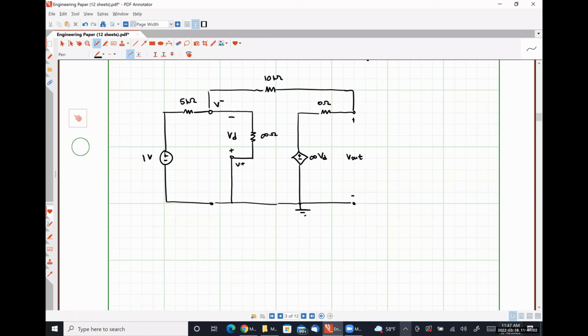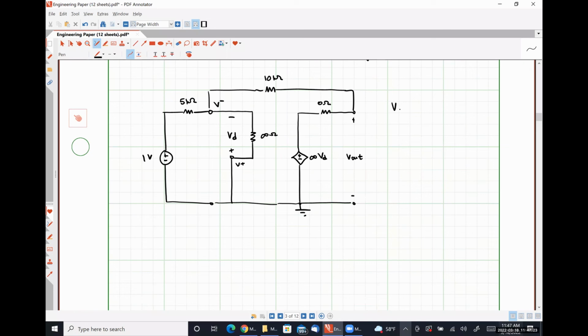Okay. All right, so let's begin our analysis with an observation. Since this is a 0 ohm resistor here, or a short circuit, V out is exactly equal to infinity times VD. Are we okay with that?